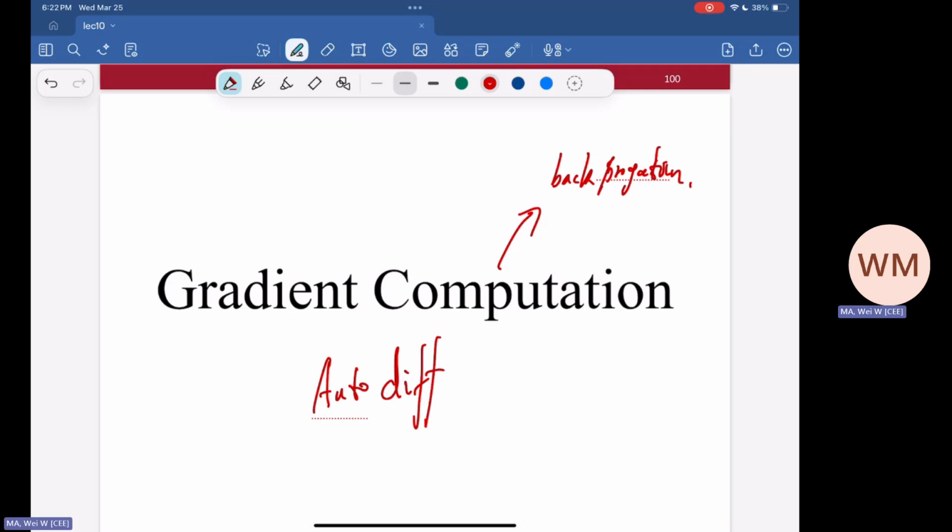Another one is auto differentiation. There's also a package for that, autograd, which is automatic gradient computation. So you can see that you have different building blocks in PyTorch.